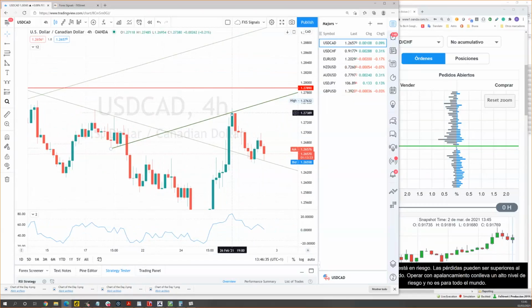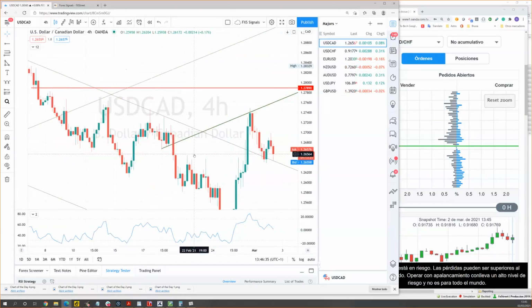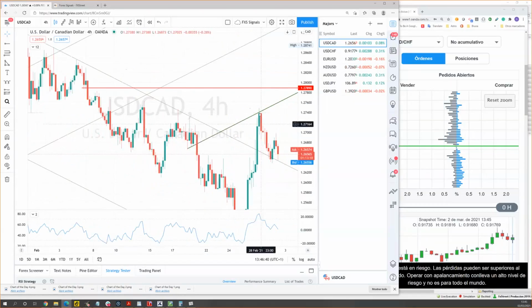In this case, we had a reaction here, and eventually we could have said, okay, this level here, which seems to be resistance, was not fully observed during these later weeks.